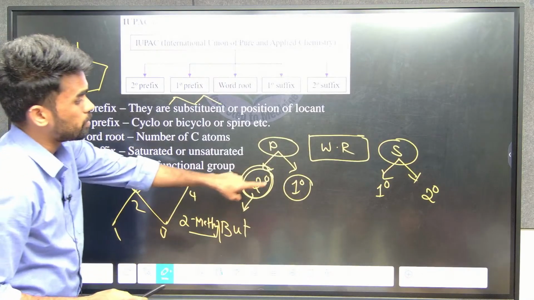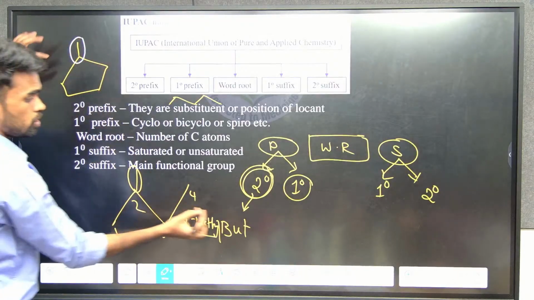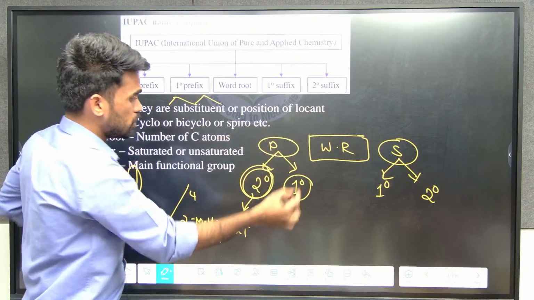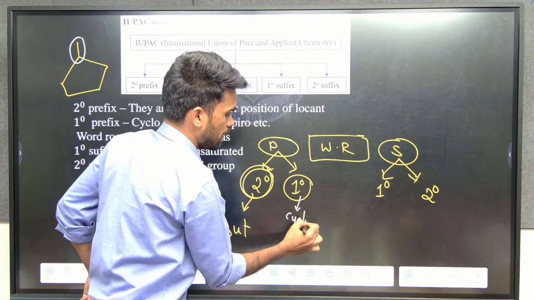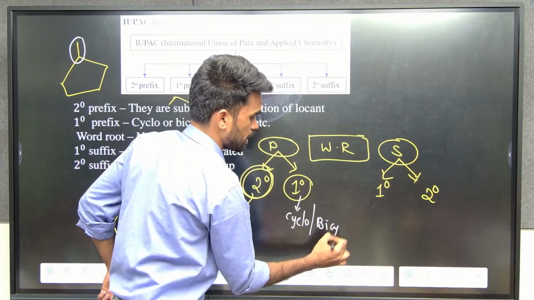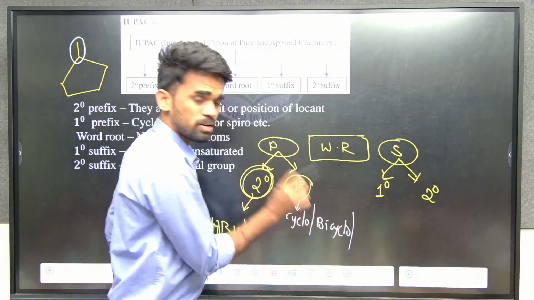Now what is the secondary prefix, you tell me first? This is the methyl group. So you write methylcyclopentane. Now what are our primary prefixes here? Something like cyclo, and there are some other compounds called bicyclo or something like spiro. We discussed these names. This comes under primary prefix.